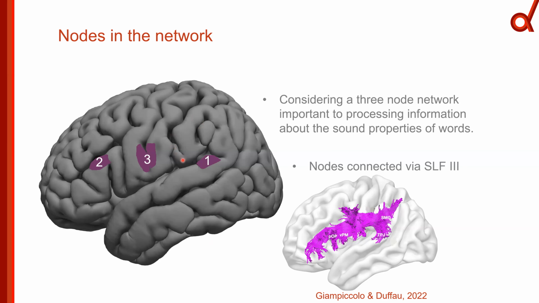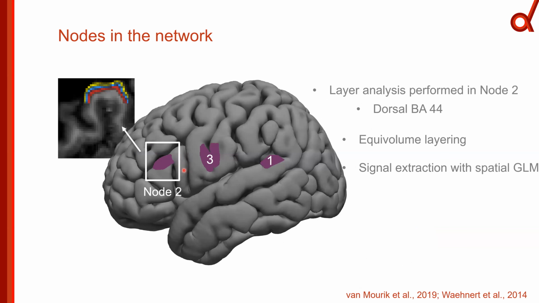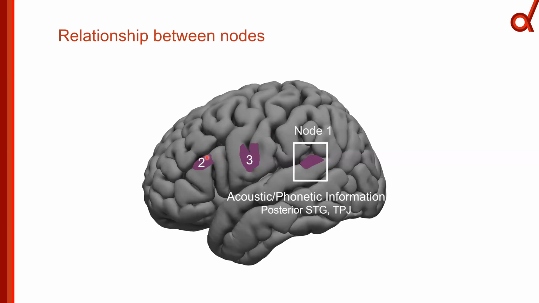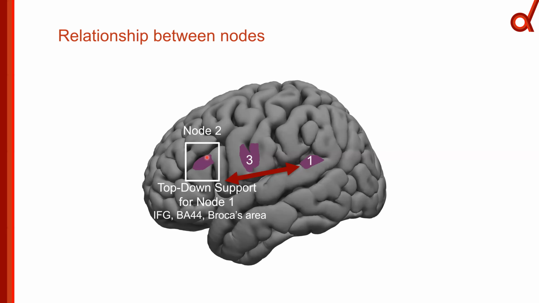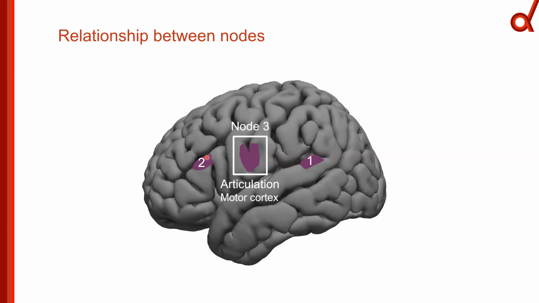So, if we look, what he's basically done now is gone to BA44, which is a language region, and he's layered it, and he wants to look at the interaction between that and these 2 other regions. So this one is much more acoustic phonetic, interacting with node 2, which is in BA44, and node 3 is much more articulation and motor cortex.